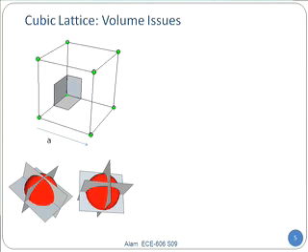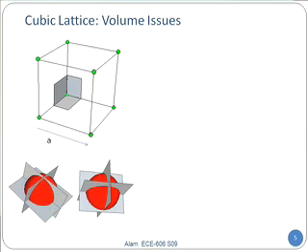Well, one thing you could say is 8, right? There are 8 corners. But of course that will not be a correct answer, because every corner of that atom is being shared by 8 neighbors, right? It's 3D. In 2D there would be 4 neighbors, but in 3D there are 8 neighbors.